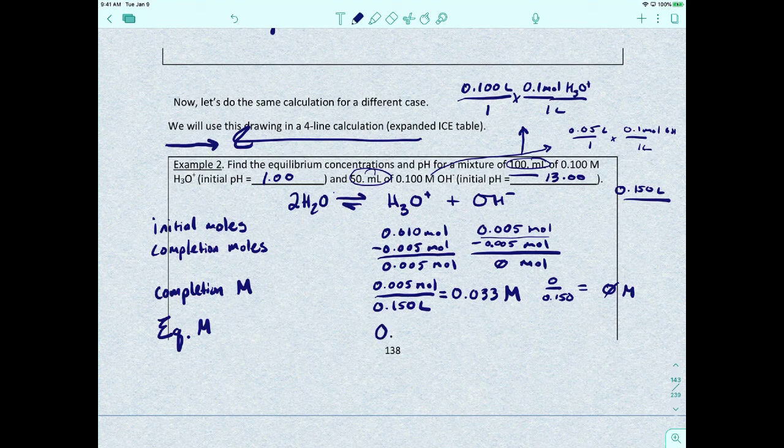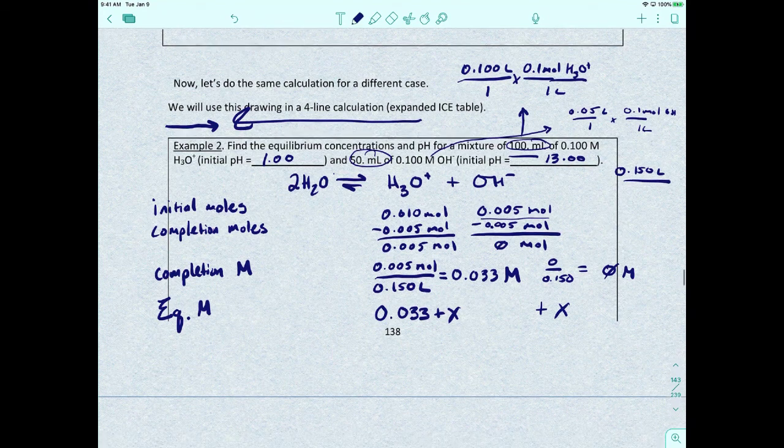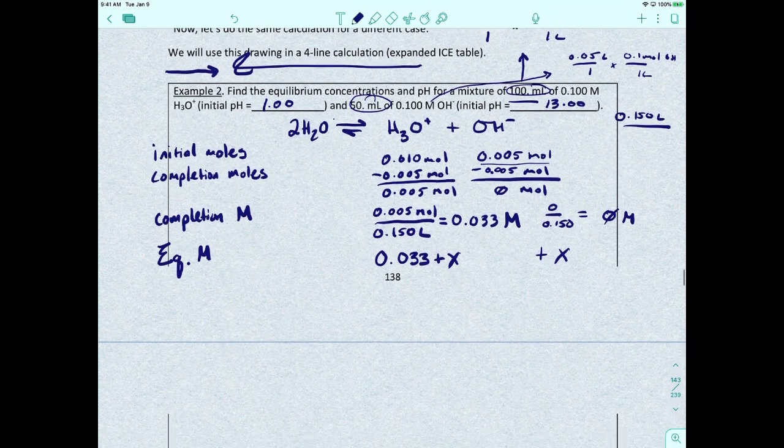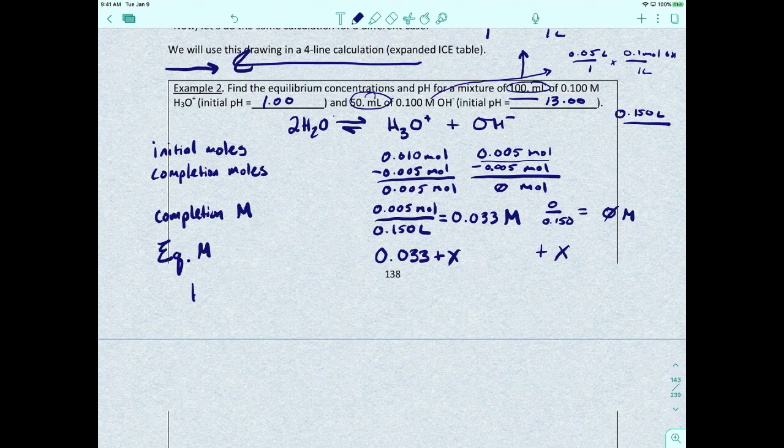So for H3O plus, this is going to be 0.033 plus X. And for hydroxide ion, it's just going to be plus X. So our equilibrium expression is Kw equals the concentration of H3O plus times the concentration of hydroxide ion. At equilibrium, H3O plus should be 0.033 plus X, times the concentration of hydroxide ion, which is just X.